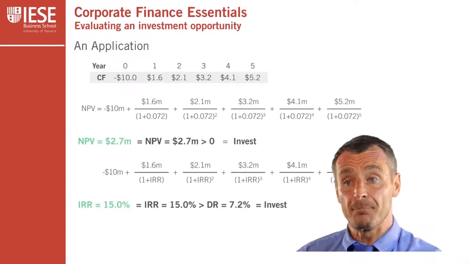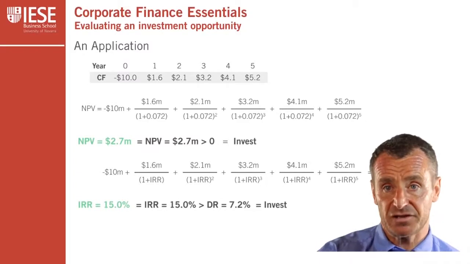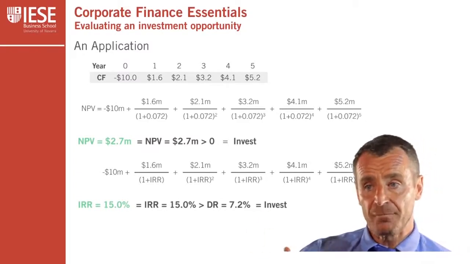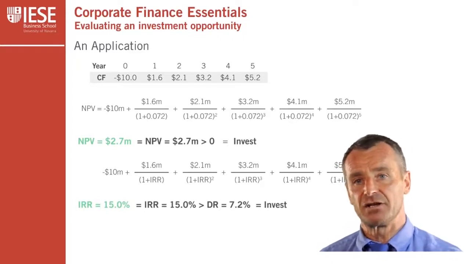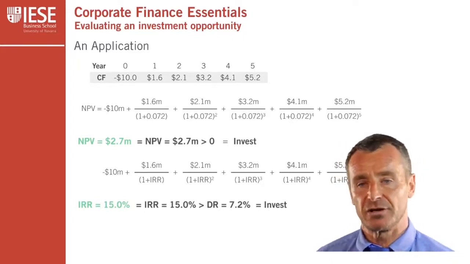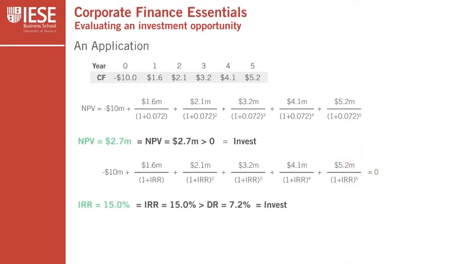We didn't know the number, but we knew that the IRR was going to suggest to invest in the project simply because these cash flows are not problematic, and therefore whatever the IRR tells you should point in the same direction as the NPV that we discussed before. Now, we're not comparing projects, so we're not going to have the scale problem here, and so everything was guaranteeing that the NPV and the IRR were going to give you exactly the same recommendation, and in this case that is to invest in this project.